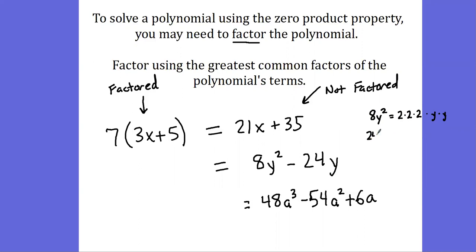For 24y, 24 would be 3 times 8. So I definitely have 3 as a factor, and the 8 was 2 times 2 times 2. So 24 should be 2 times 2 times 2 times 3. If you multiply these factors out, 2 times 2 is 4, 4 times 2 is 8, 8 times 3 is 24.